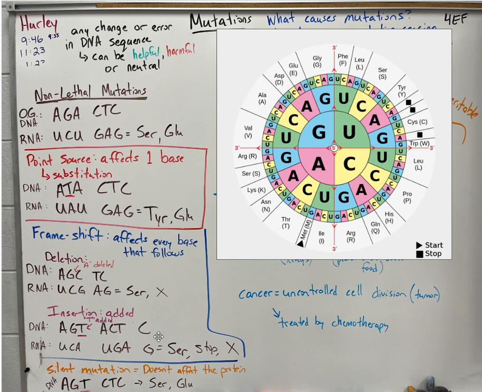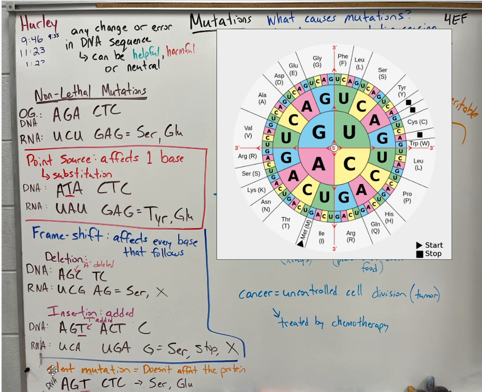And you can tell if there's only one nitrogen base added or deleted, because one that's inserted will have an extra one off here by the side, and one that's deleted will have an extra 2, because there were 3 here and they lost one. So that can give you a little hint, but you need to make sure that you can see where the nitrogen base was added or taken away or substituted.